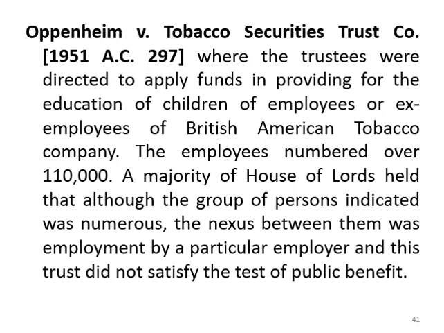Now, first, as we have seen, there are 2 distinct requirements in relation to a charitable trust. First one, it should be a charity. Second one, it should be for the benefit of the public or a section of the public.